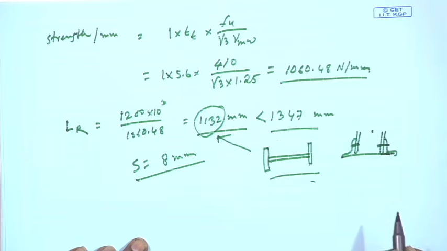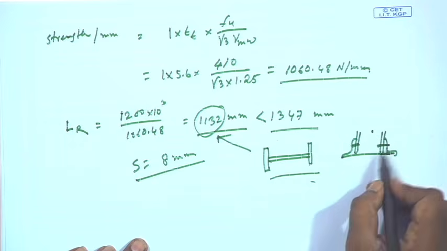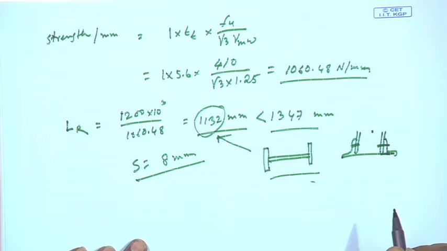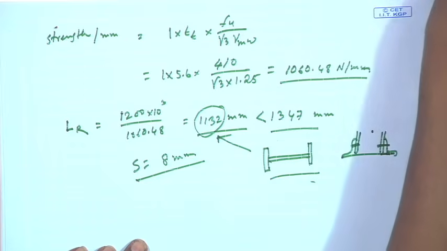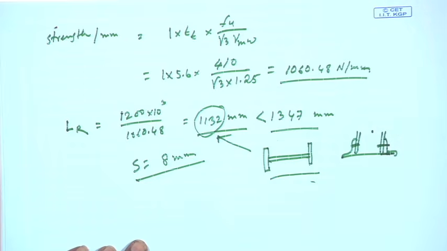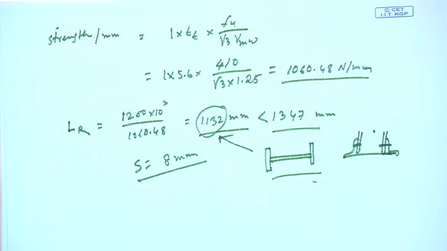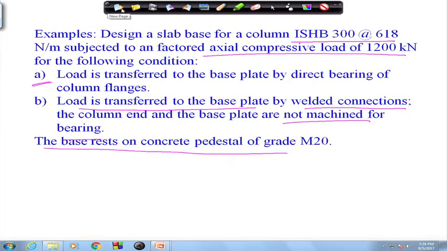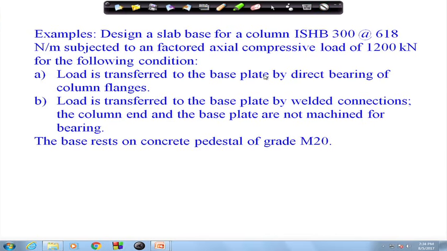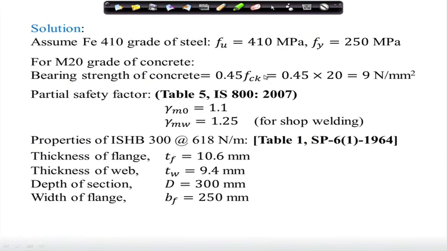So, this is how the second case can be designed. Okay. So, coming to the PowerPoint presentation, I will just go through the presentation on what we have discussed, so that it will be clear to us.